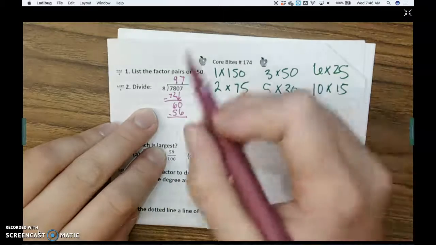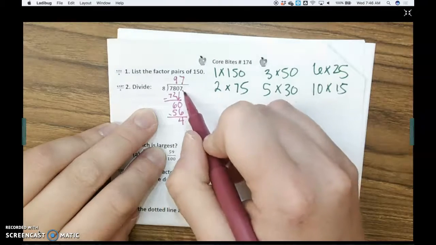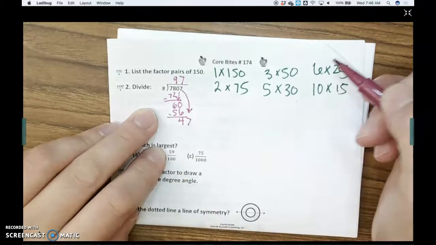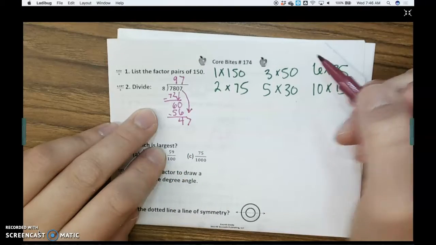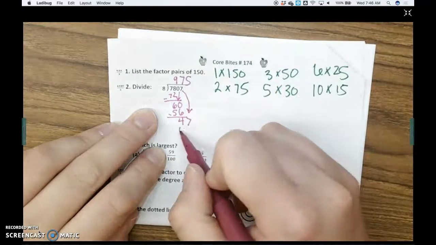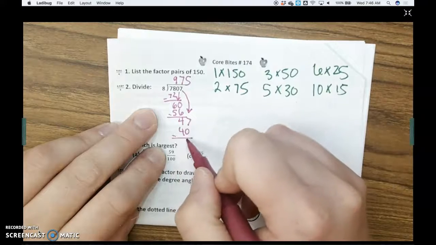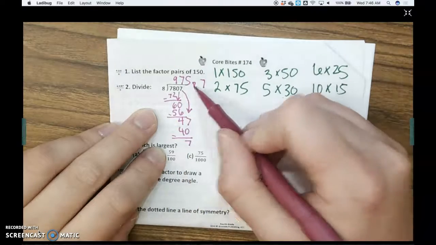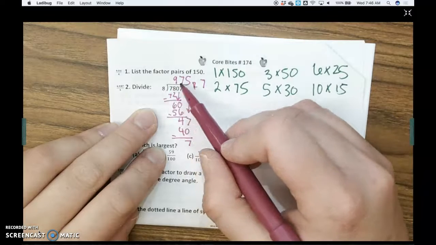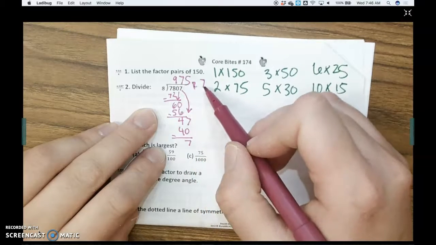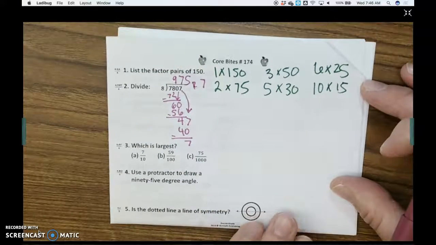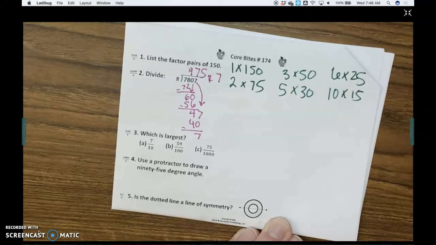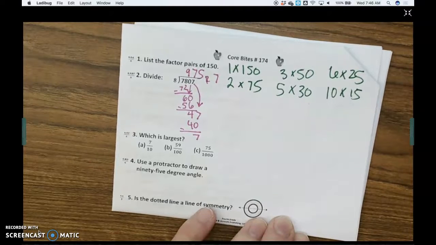Subtract 60 minus 56 would give you 4. Bring down your last number on the end, that's your 7. So 8 times 5 would give you 40. 47 minus 40 would give you 7, so your remainder is 7. If you want to check it, multiply 8 times 975 and then add your remainder, that will give you 7,807.